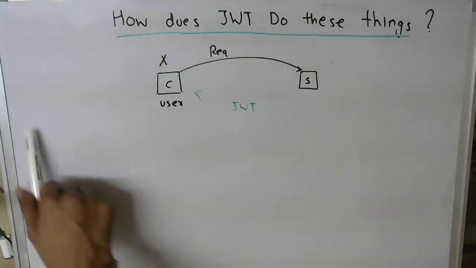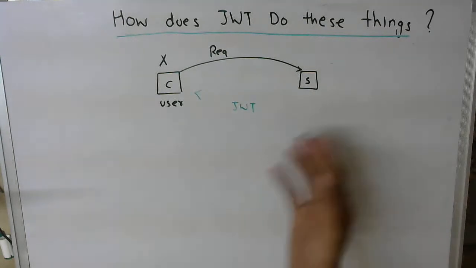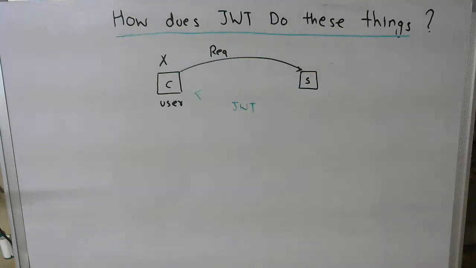So now what if the user wants to fool the server? In JWT, let us say, we saw it is a base64 URL encoded header plus payload plus the signature. The signature was not base64 URL encoded, but it was encrypted.